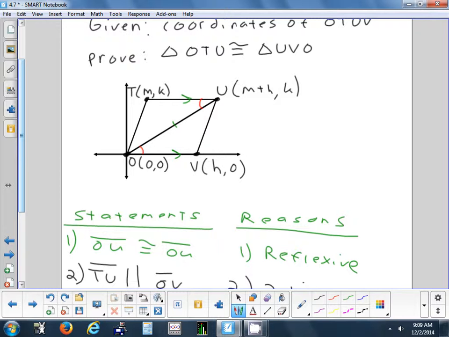Think about a number line: if you were at 4 and you wanted to know the distance to 7, what do you do with 4 and 7? Subtract them. Take the bigger one, subtract the smaller one. What's m plus h minus m?